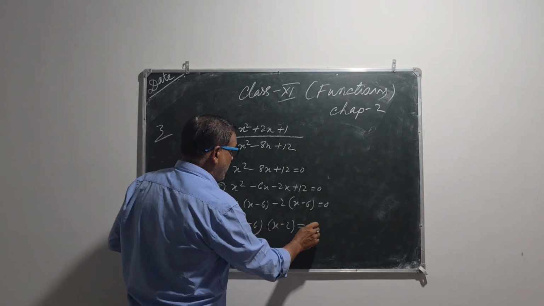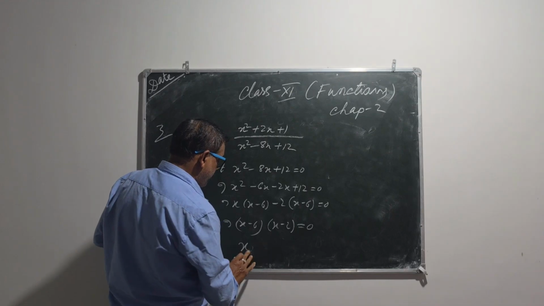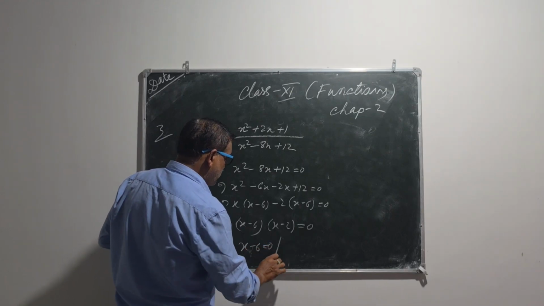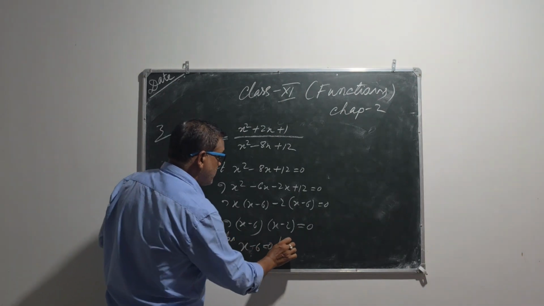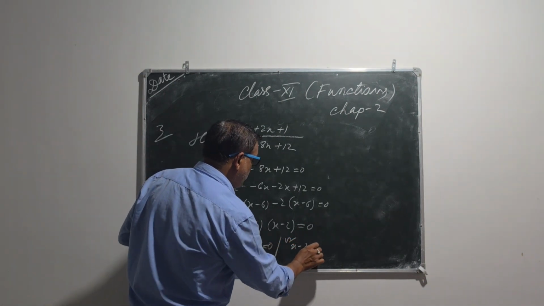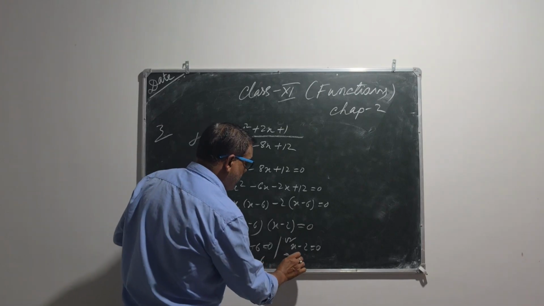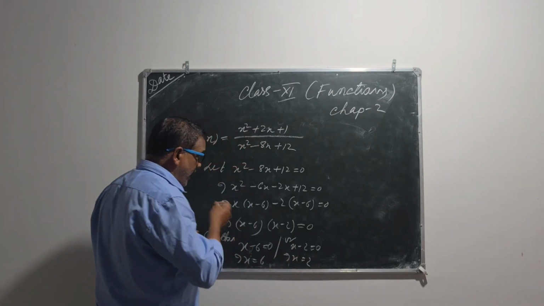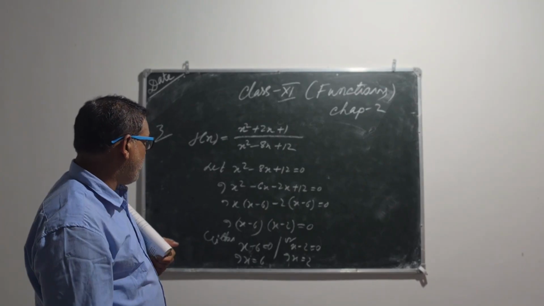Then the values of x are: first, if x minus 6 equal to 0, or x minus 2 equal to 0. So finally x will be equal to 6 here, and x equal to 2. So except 6 and 2, any other real value will satisfy this domain.